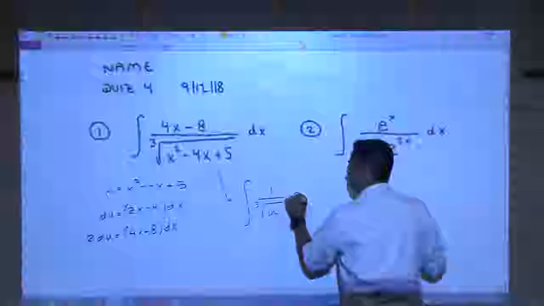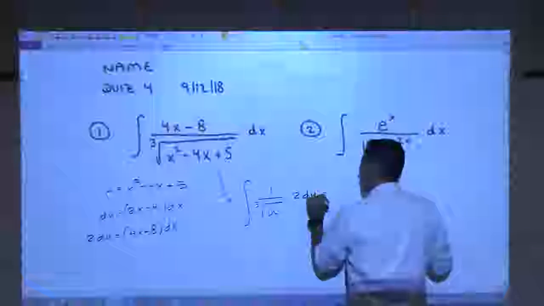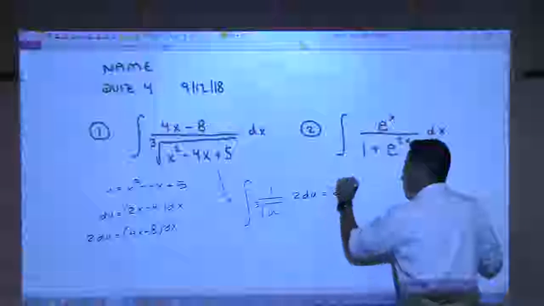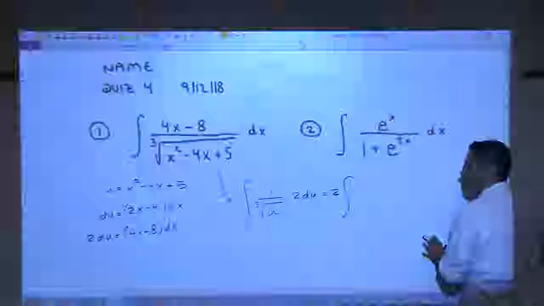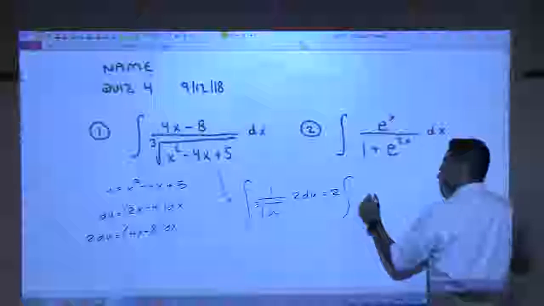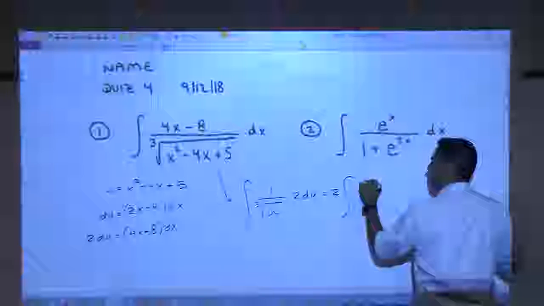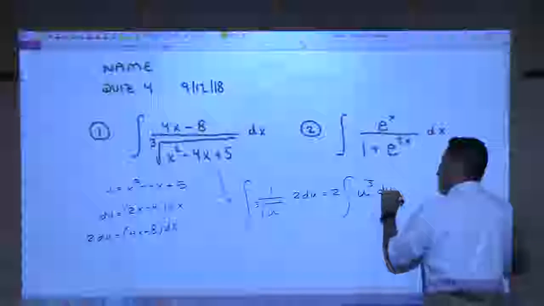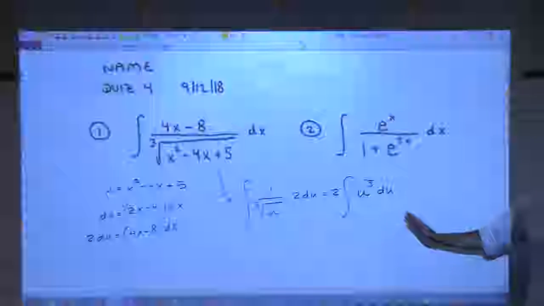And then the rest of it was 2 du. Then I can pull the 2 out completely from the integral. And then I can rewrite 1 over the cube root of u as u to the negative 1/3 power, right? And now at this point I can use the power rule.